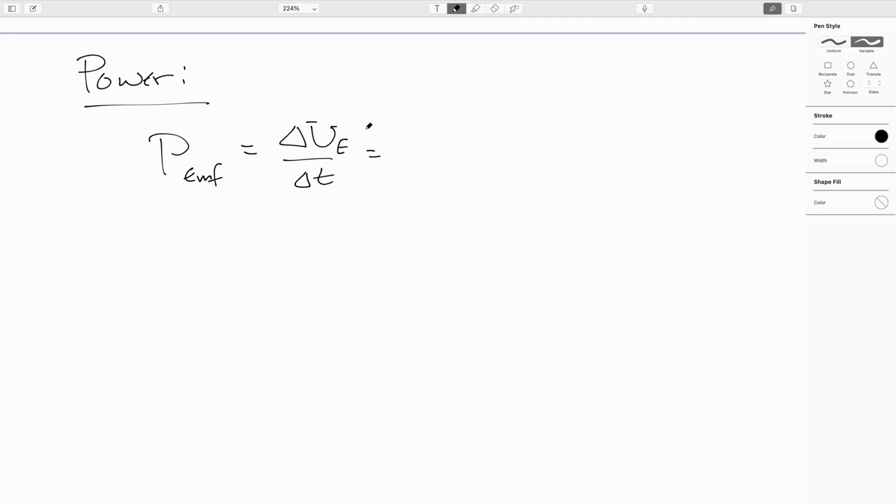But by the definition of EMF, this will be however much charge went through in that amount of time times the EMF over that time. Hey, that's the delta Q over delta T. That's the current. So we get that the power that's delivered by an EMF source to a circuit is the current going through the EMF source times the EMF.